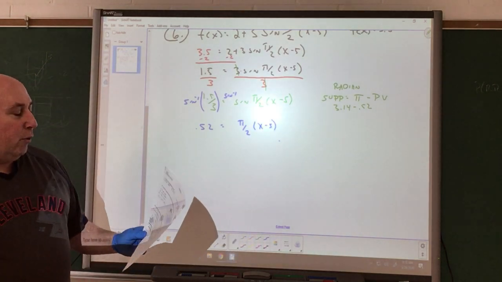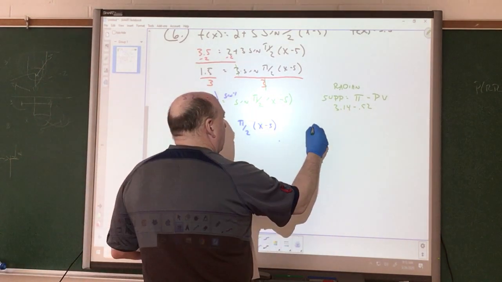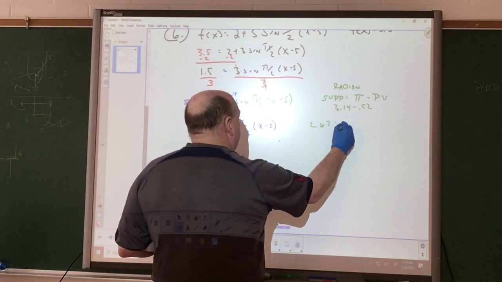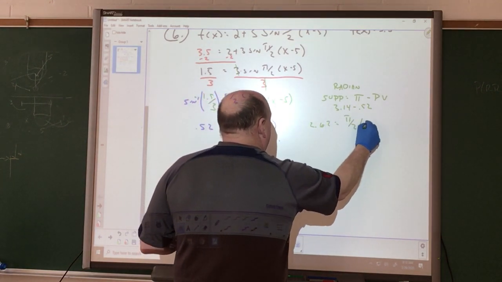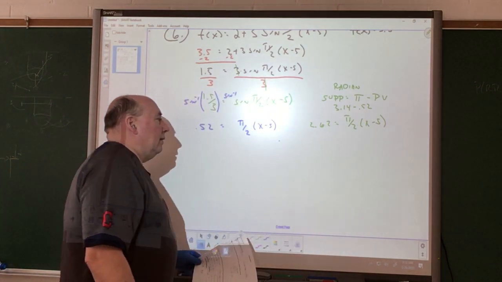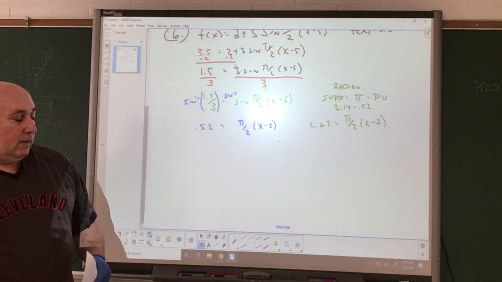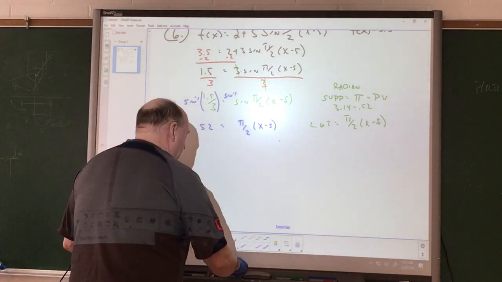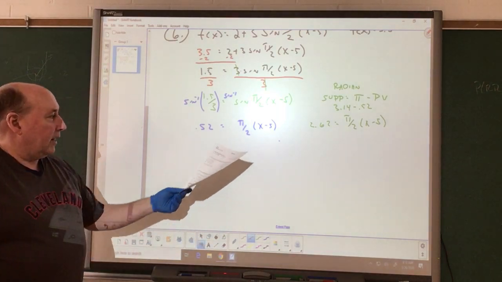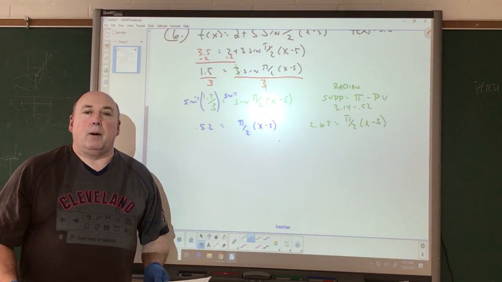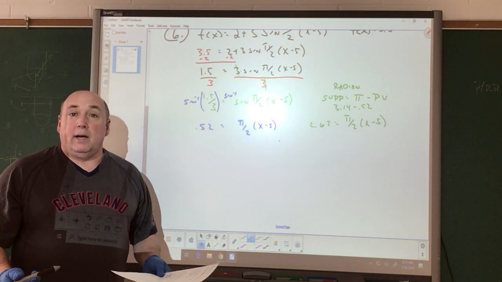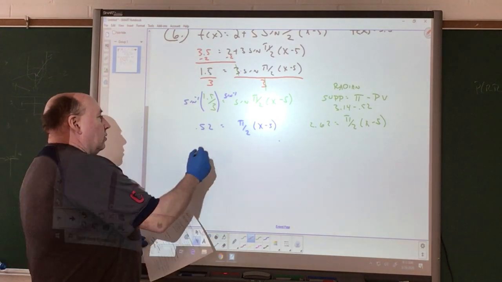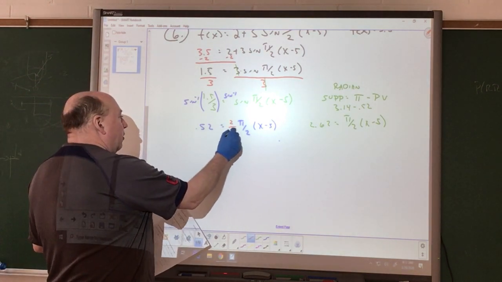And we get 2.62 is equal to pi over 2 x minus 5. Okay, and what do we do next? We got rid of the pi over 2, and we did that by multiplying by 2 over pi. So we're going to multiply both sides by 2 over pi.